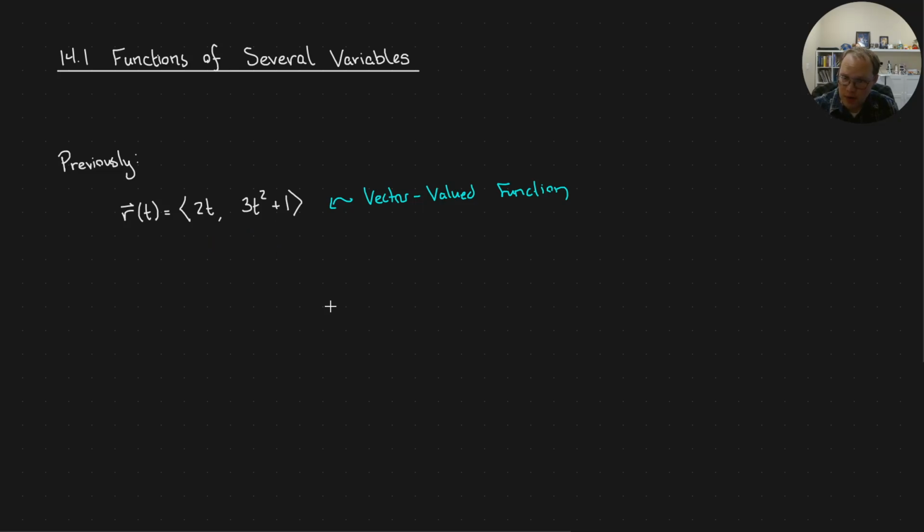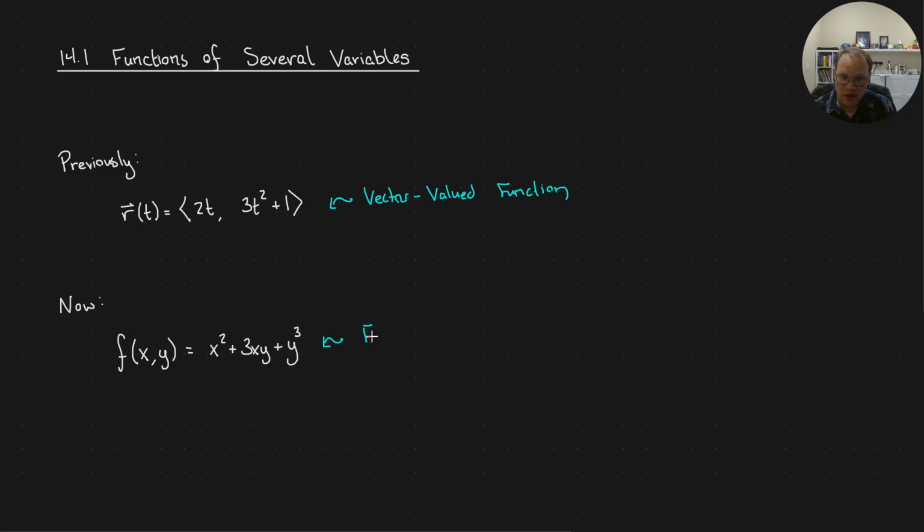Starting in this chapter, we're going to think about these functions of several variables. So now we'll look at functions where we plug in, say, two values and output one. So maybe x squared plus 3xy plus y cubed, for example.